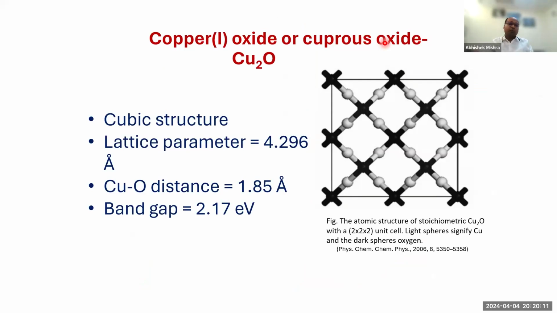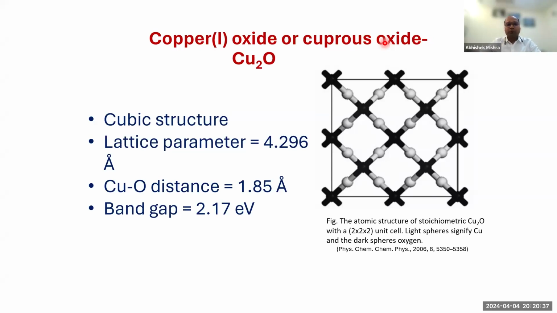You will not be able to tell exactly what the oxidation state of copper oxide is, whether it is copper one or copper two. So one is not sure, and this is really challenging in terms of experiments, as people don't know whether they are going to work on copper one or copper two oxides. As a result, our models should be capable of predicting the accurate properties of both copper oxides, CuO or Cu2O.